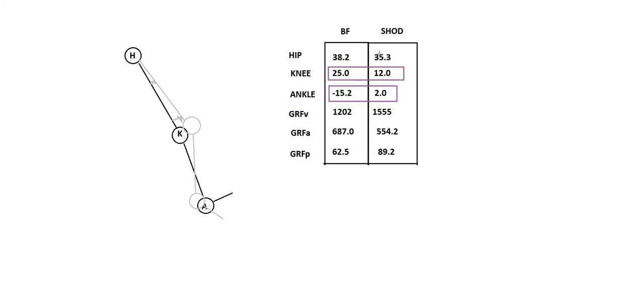The statistical test that you have done is essentially looking to see if the variable that you have changed, in this case wearing shoes or not wearing shoes, caused the difference that we see in the values here.